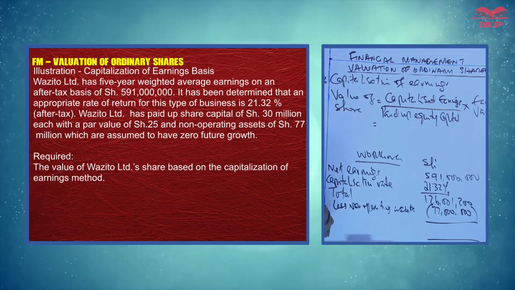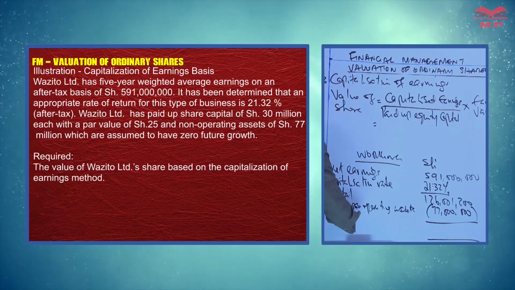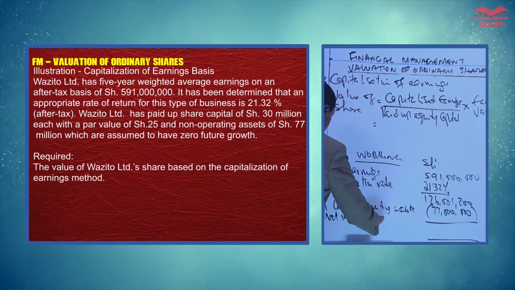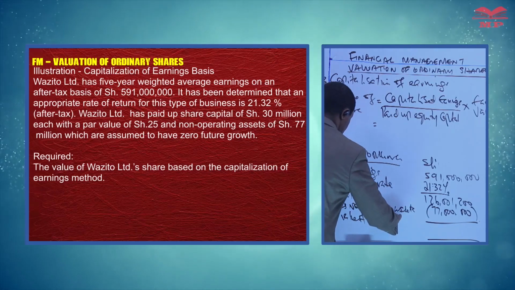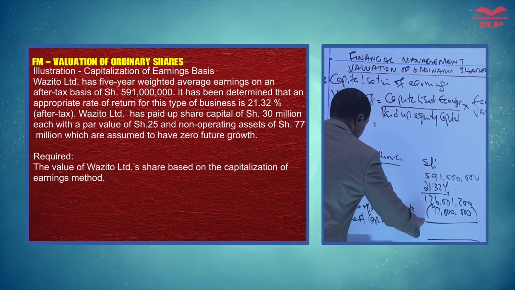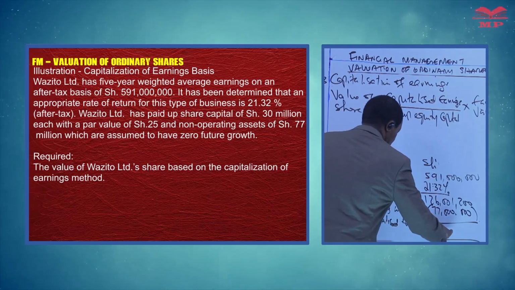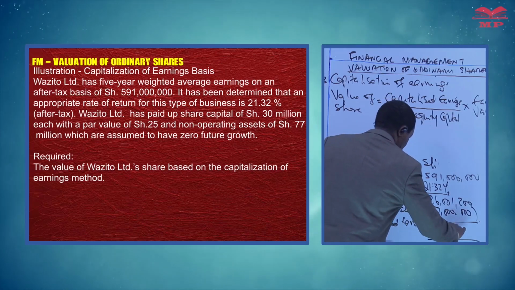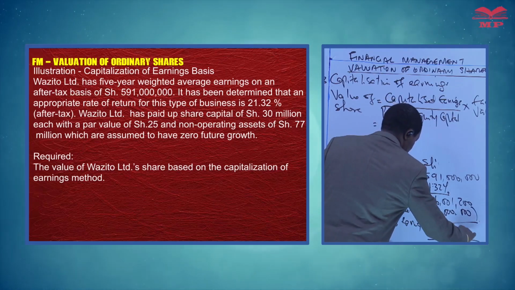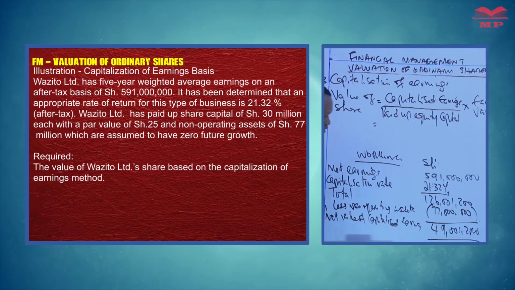So this is the net value of capitalized earnings. You can see 49,001,200.